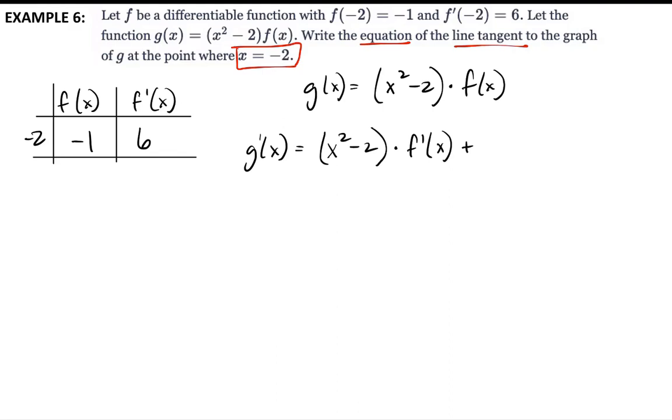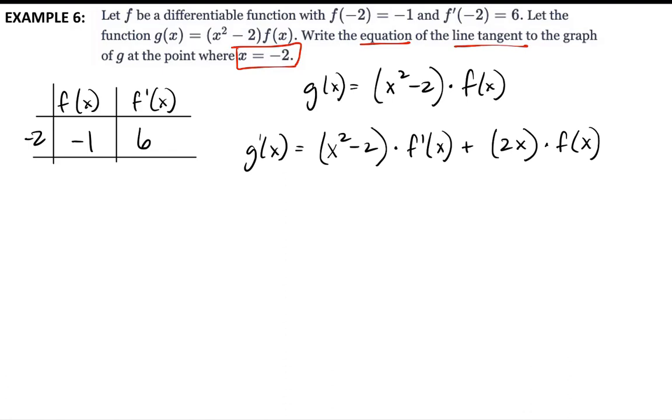Since I don't know what it is, I'm just going to leave it as f prime. And then we do the opposite. The derivative of the first is just going to be 2x. I can just use power rule for that one. And then times f of x. As far as I can go.